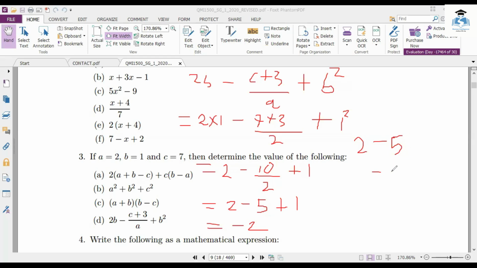Then you look for the difference: 5 minus 2 is 3, so minus 3. Plus 1, we move on again. Sign of the bigger number is minus, then the difference between the two, that's 2. So don't be confused with this.